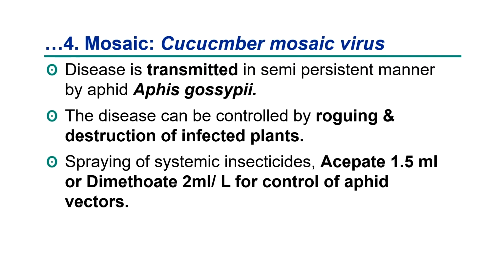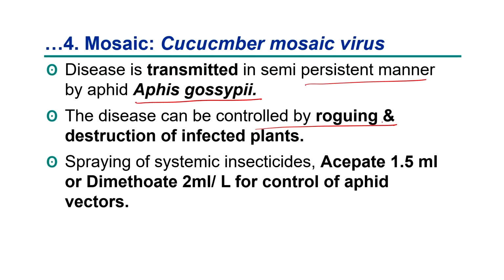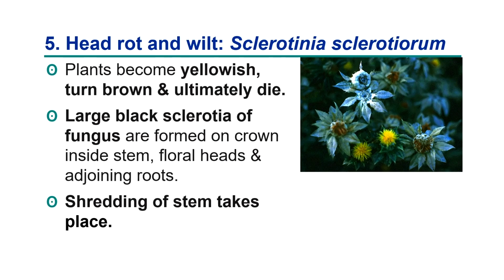The disease is transmitted in a semi-persistent manner by Aphis gossypii. So therefore, Aphis gossypii is the vector that transmits this disease from diseased plants to healthy plants. The disease can be controlled by roguing and destruction of the infected plants. Spray a systemic insecticide like acephate 1.5 ml or dimethoate 2 ml per liter of water to control the aphid vectors.